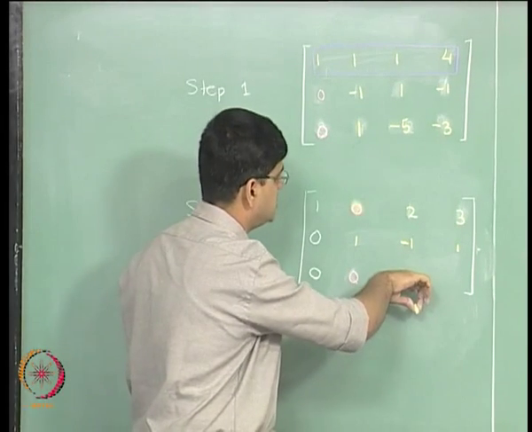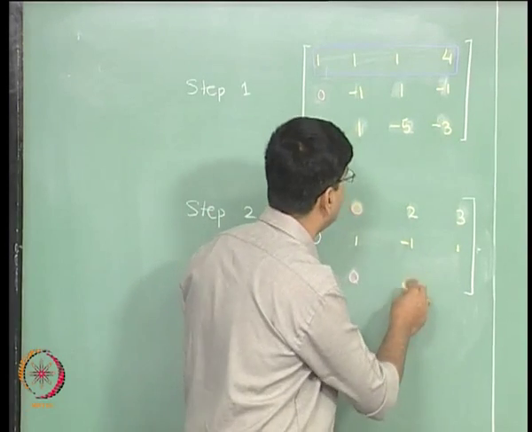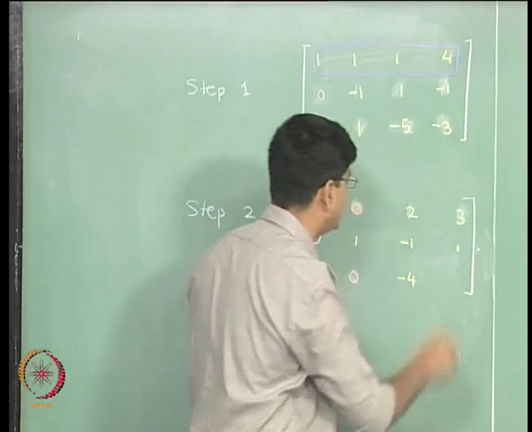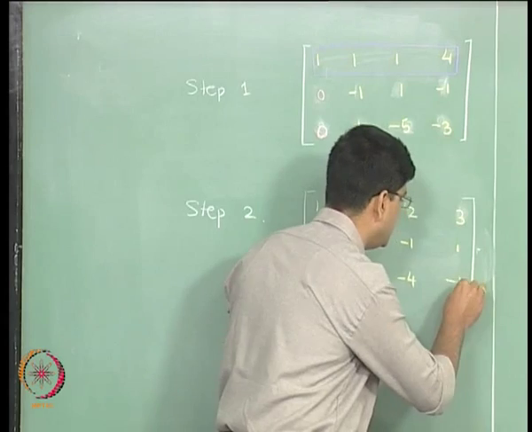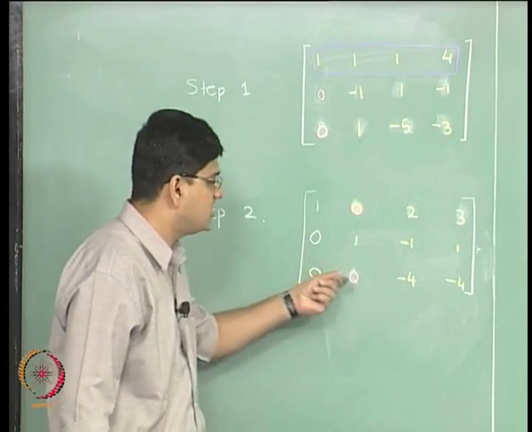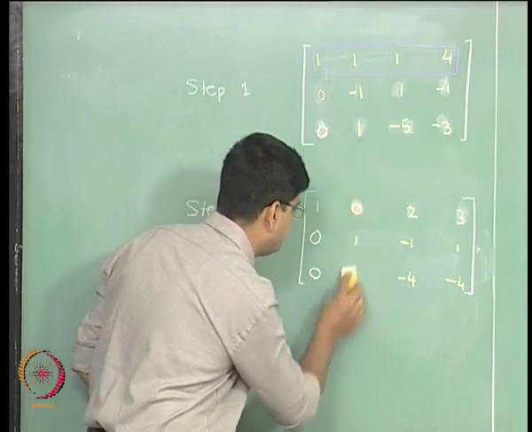And then the computation will be done over here. This minus 5, as we had done before, is again going to be equal to minus 4, and then this minus 3 is also going to be equal to minus 4, okay. In general, our Gauss elimination would have ended over here.